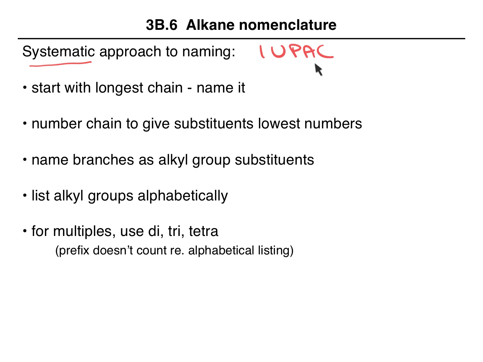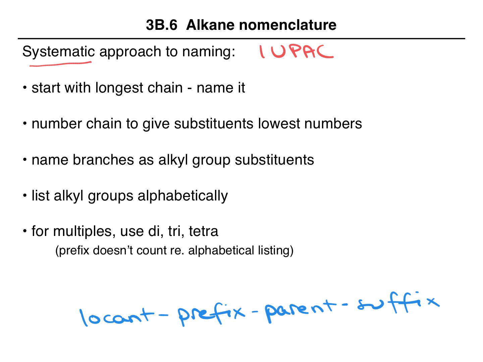And there are a million rules for how to name organic compounds systematically. The basic system is that you are going to have a locant, followed by prefix, followed by parent, followed by suffix.